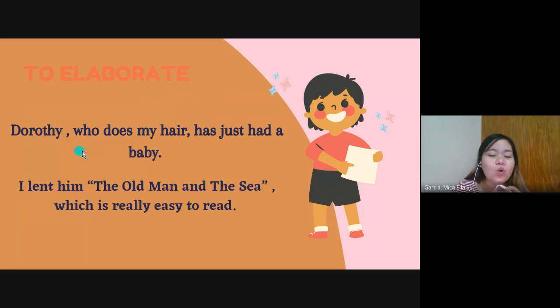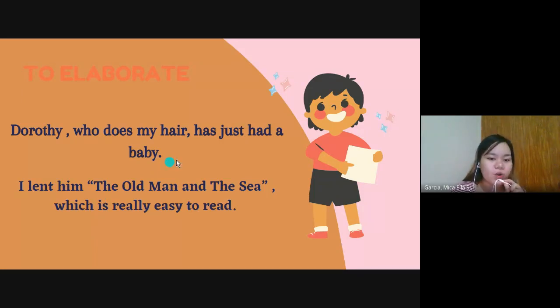So here, who does my hair is additional information. Dorothy, who does my hair, has just had a baby. Again, we cannot remove the who, which, and what if we are adding some information. The next one. Let's have the second sentence.